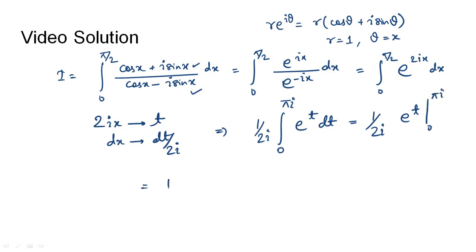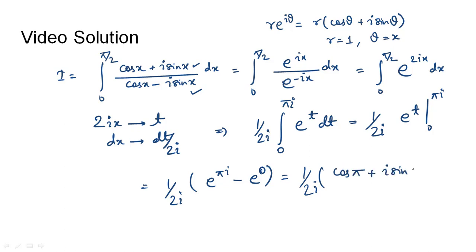So this becomes 1 by 2i into e power pi i minus e power 0. So this would become 1 by 2i into e power pi i, which can be written as cos of pi plus i times sin of pi, using the polar form here, minus 1. So we can see that cos pi would be minus 1 and i sin pi would become 0.